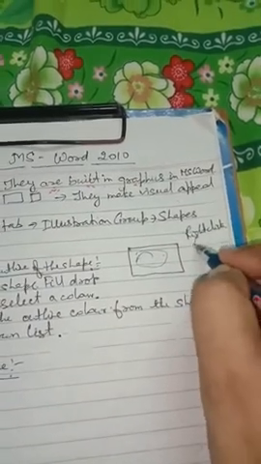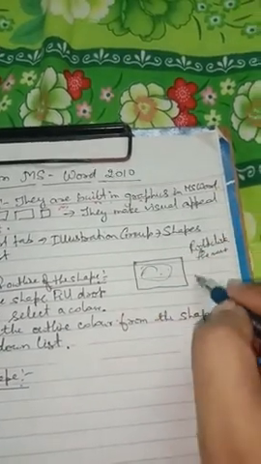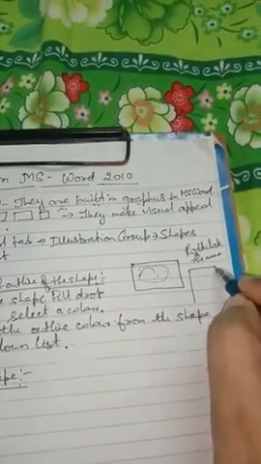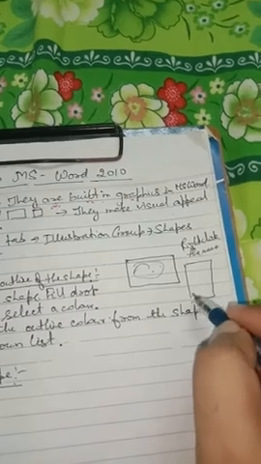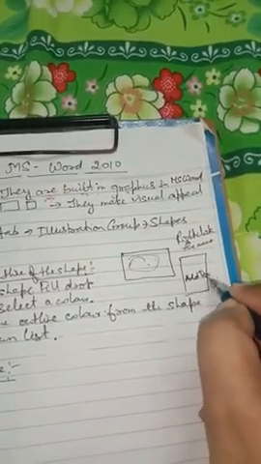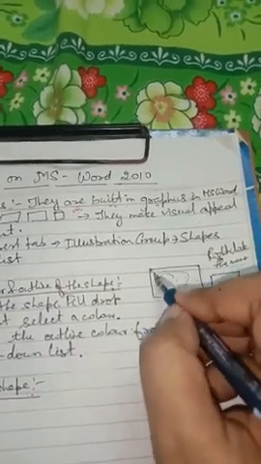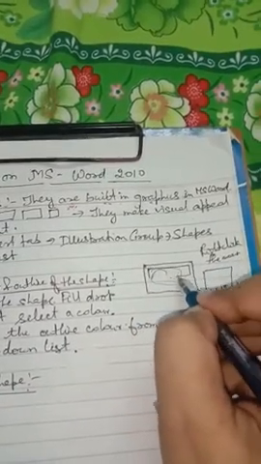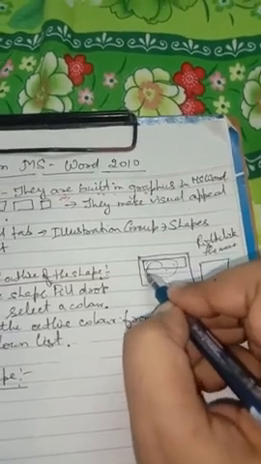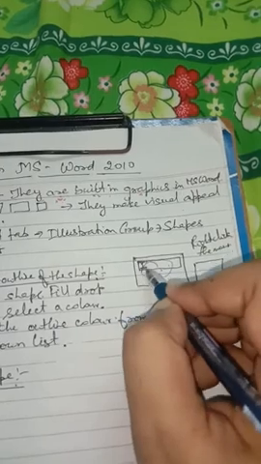As soon as you right click the mouse, a drop down menu will appear where you have to click on the add text option. As soon as you click on add text option, a text box of this type will appear inside the diagram or inside the shape, and the cursor will be present over here.